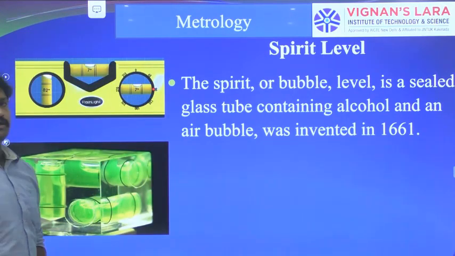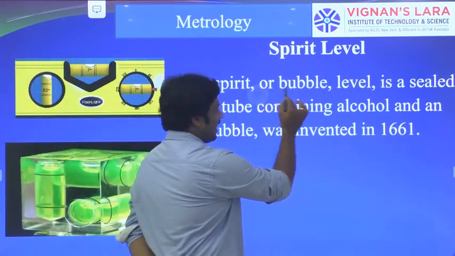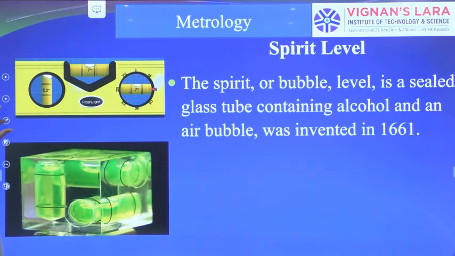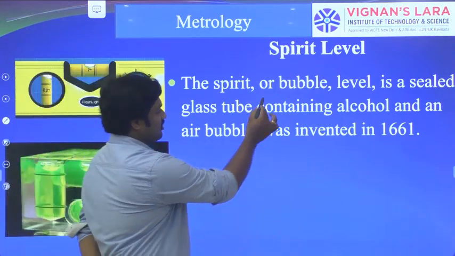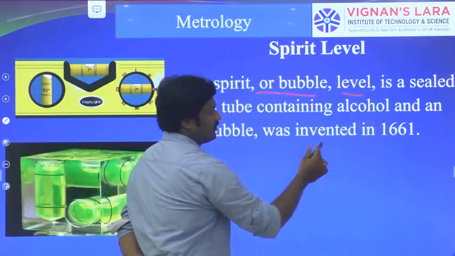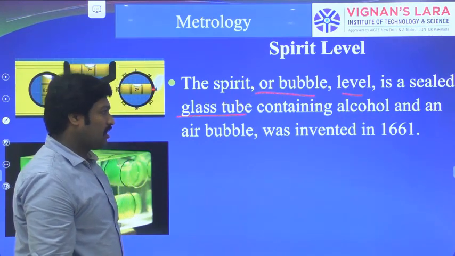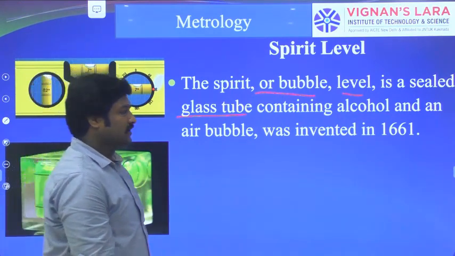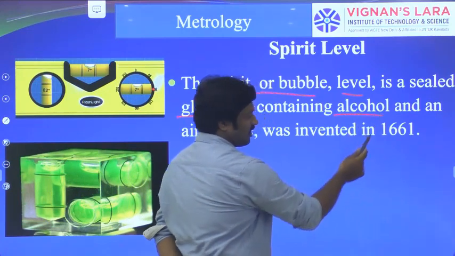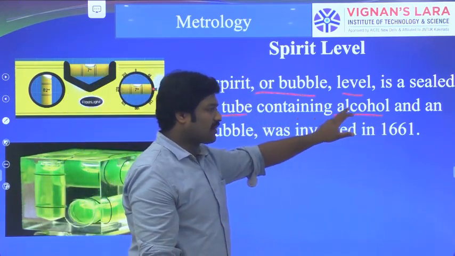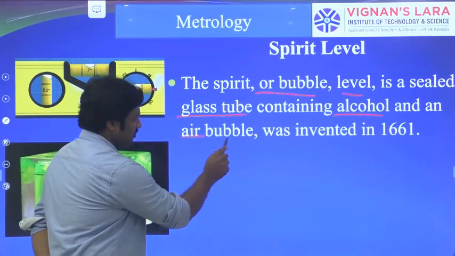Spirit level is also called a bubble level. It is a sealed glass tube containing alcohol or spirit. In some cases it consists of alcohol, and in some tubes it consists of spirit containing alcohol and an air bubble.